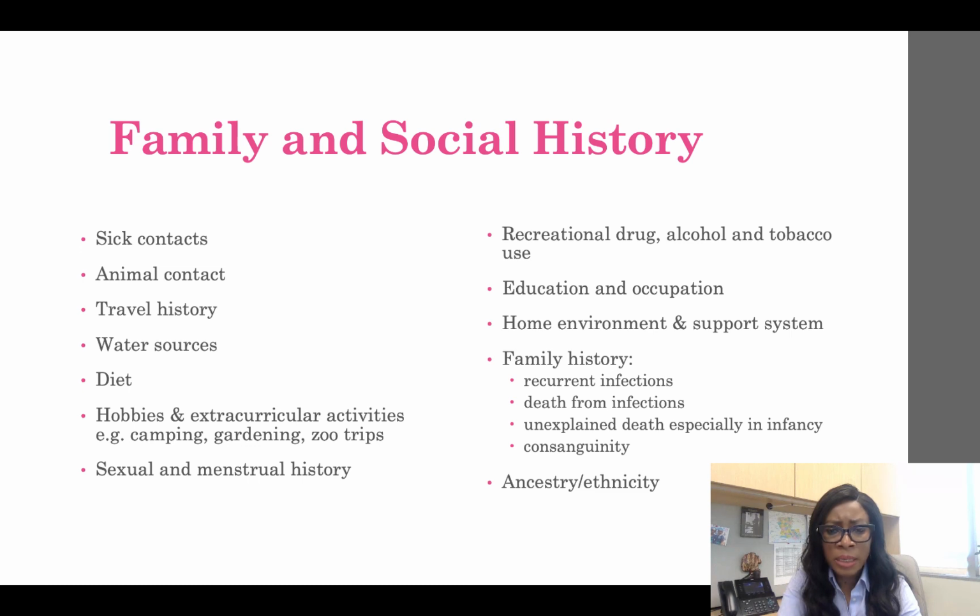And the last bullet, which asks about ancestry or ethnicity, are also important in infections that may have a genetic basis or primary immunodeficiencies. That question is also relevant in children who may have a periodic fever syndrome because some of those syndromes are more common in children with certain ethnic backgrounds.